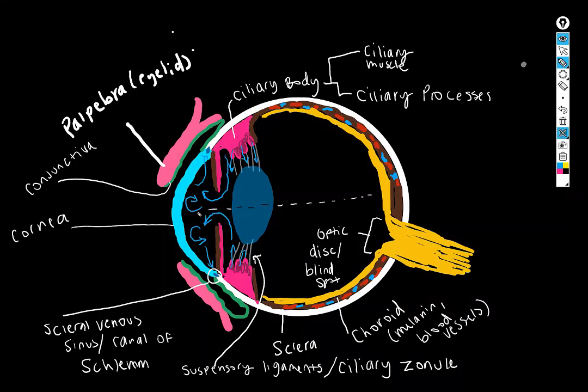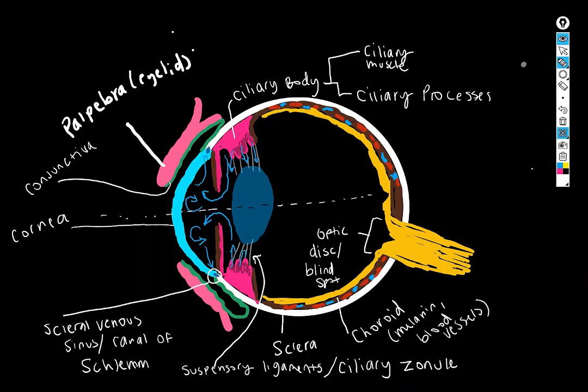So let's draw the visual axis here. So if you go straight back from the lens through the center of the pupil, you end up on this little dent in the retina. And that is an area that is really, really high in cone cells, which are the cells that detect color.